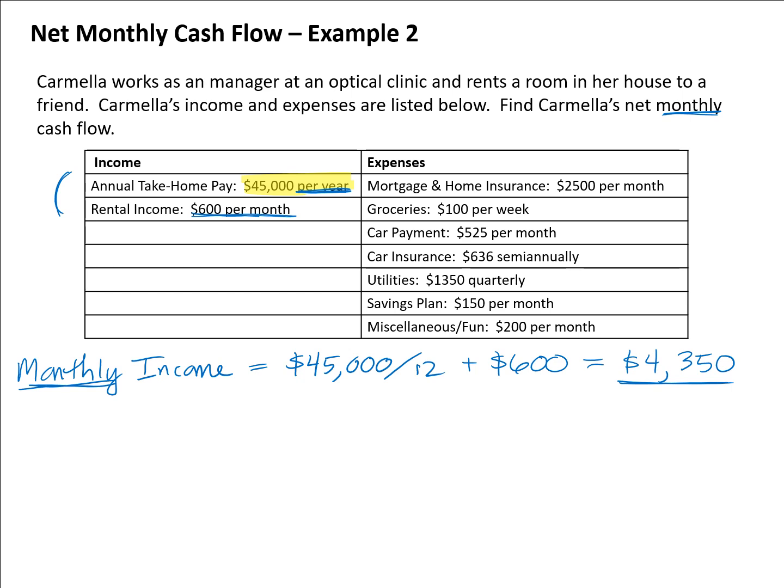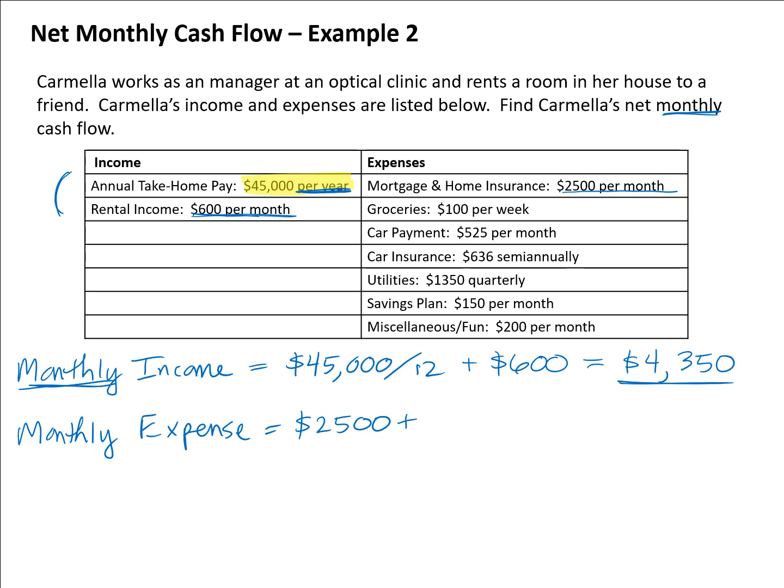Now let's look at monthly expenses. There are a few more of those, so let's take them one at a time, adding them up as we go. First, we have mortgage and home insurance for the home she lives in, and that is $2,500 per month, so we can put it in directly. So $2,500.